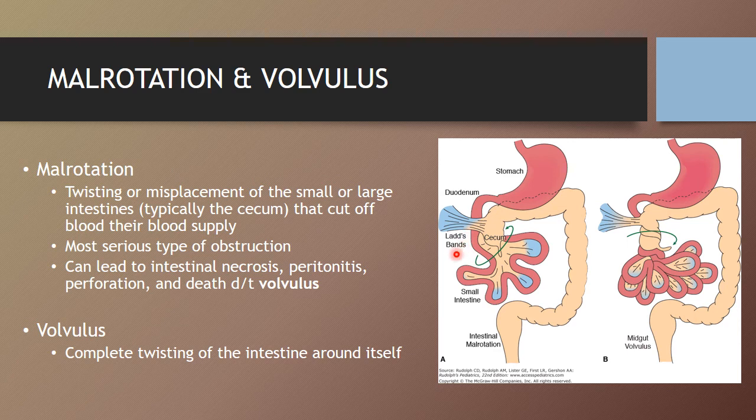And it's actually the most serious type of obstruction. It can lead to intestinal necrosis, peritonitis, a perforation in the bowel, which is a hole in the bowel, and then death due to a volvulus, which is here on the right, which is the complete twisting of the intestine around itself. So you can see, oh, this is not good. This can lead to death. I mean, it's a terrible situation.